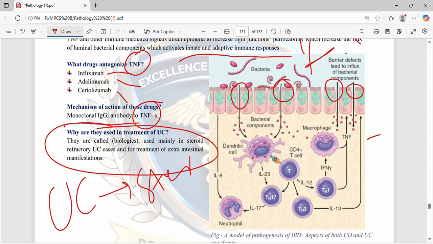Now we are going to discuss this diagram a bit.